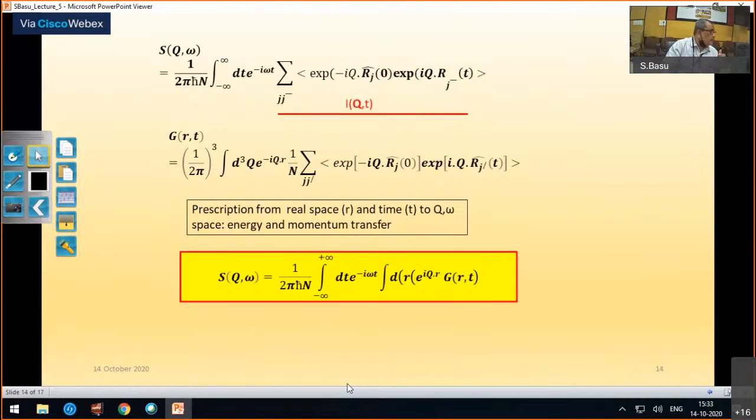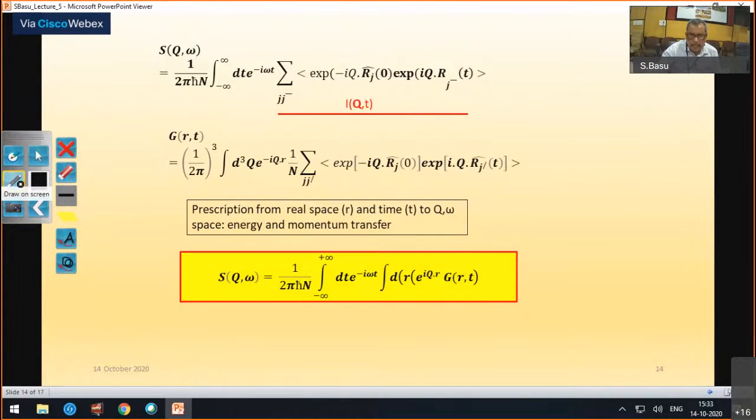You see, this S(q, omega) is a time Fourier transform of exponential minus i q dot rj0, exponential i q dot rj prime, this is j prime at time t.